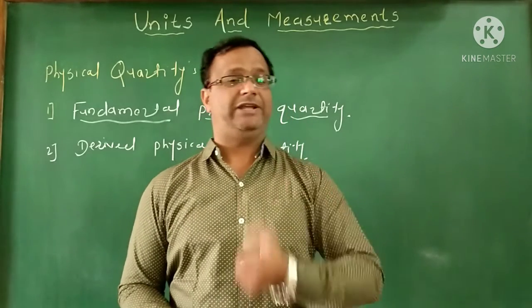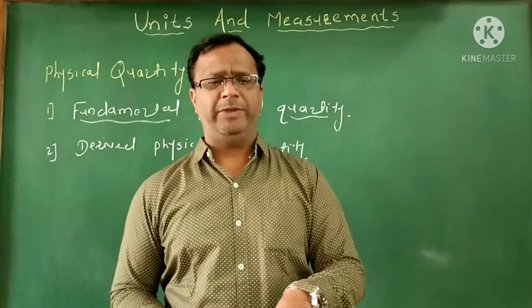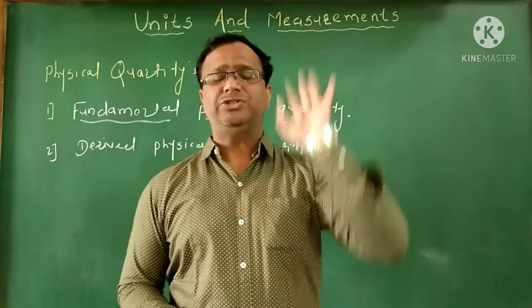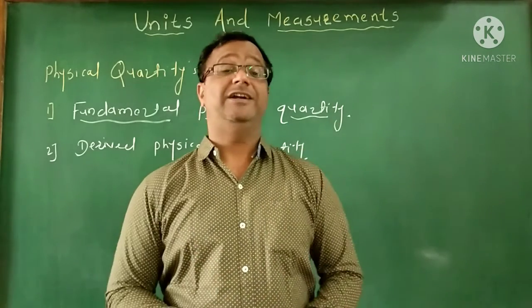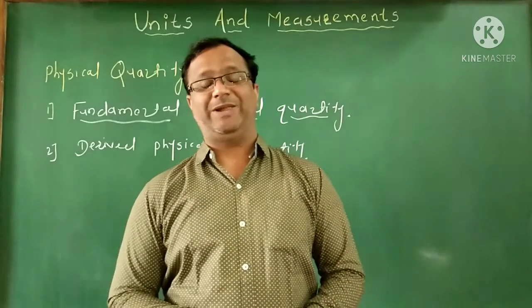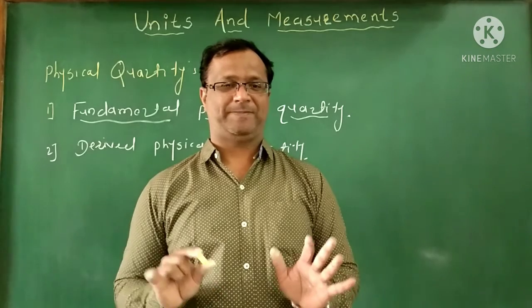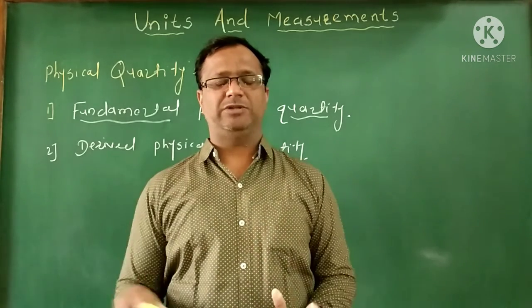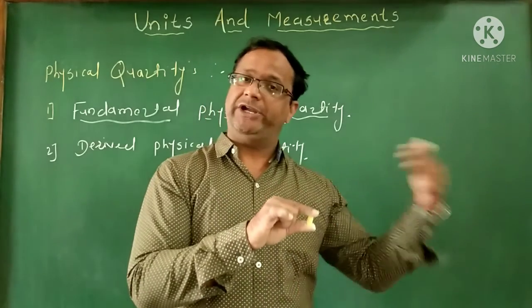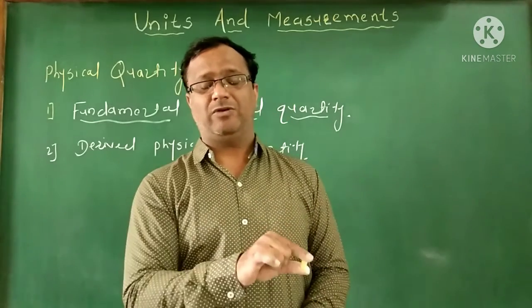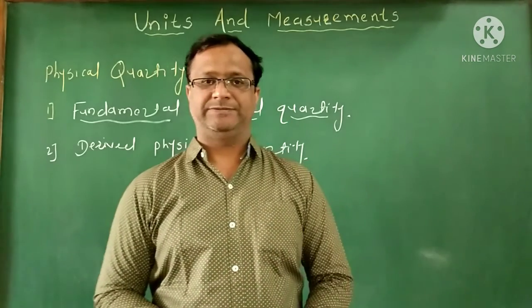And as for that, we get the derived units. Derived unit means the unit used to measure the derived physical quantity. Right? So this is about the fundamental physical quantity and their units, derived physical quantity and their units. Right?